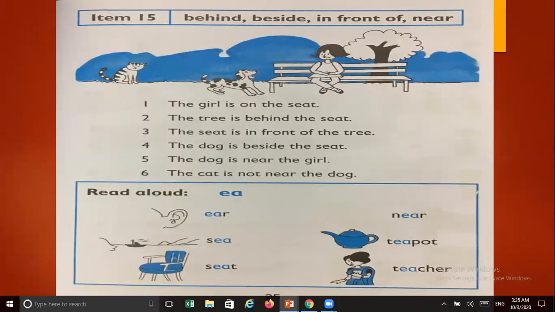Here, page 35. The same item, item 15. In this page, students, you will learn about behind, beside, in front of, and near.